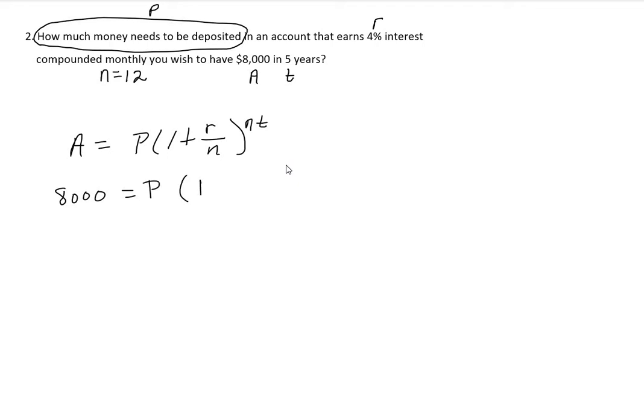P is what I'm looking to find. N is 12, and that's going to be to the 12 times 5 power. And I'm going to go ahead and multiply that exponent.